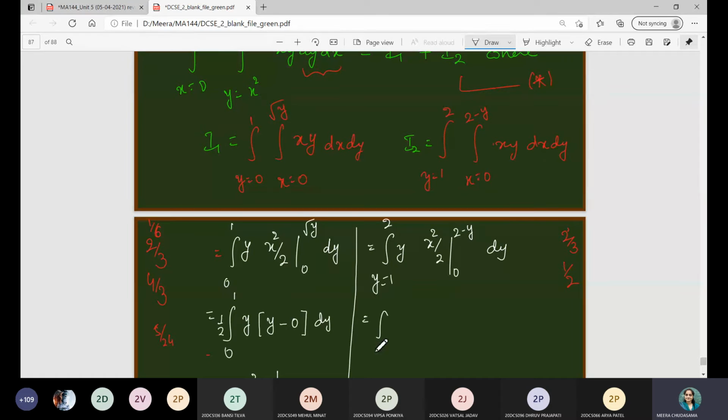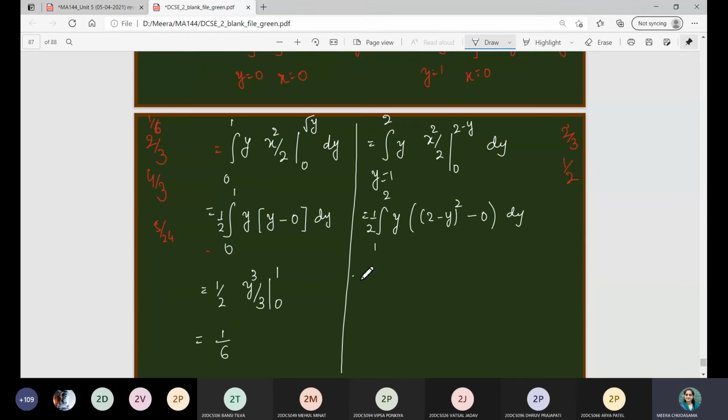So let us first simplify this quantity. 1 by 2 I will take outside of the integration. X square means it is 2 minus y whole square minus 0, dy. So this is nothing but 1 by 2 integration 1 to 2 y times, if you expand this one, 4 minus 4y plus y square, dy. So this is 1 by 2.